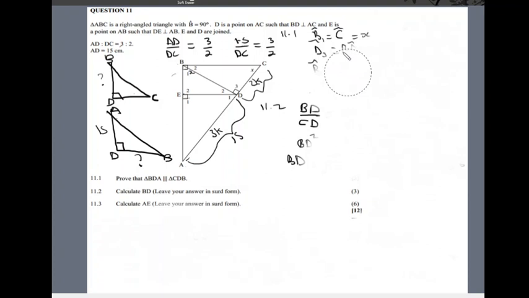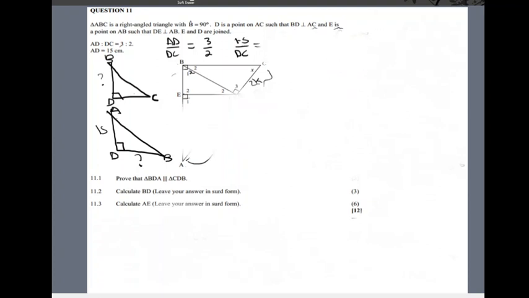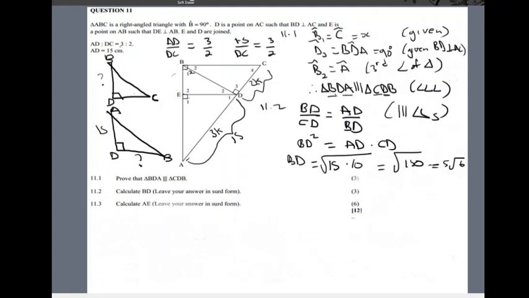Let me erase this part just to create space in here.